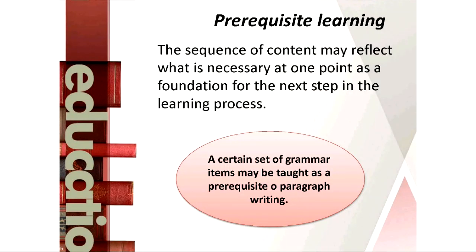So for example, in your program, you have some courses as prerequisites. You have to take them before you take some other courses. If you want to learn how to write a paragraph, as a prerequisite you start to learn about the grammar, vocabularies, and all that.